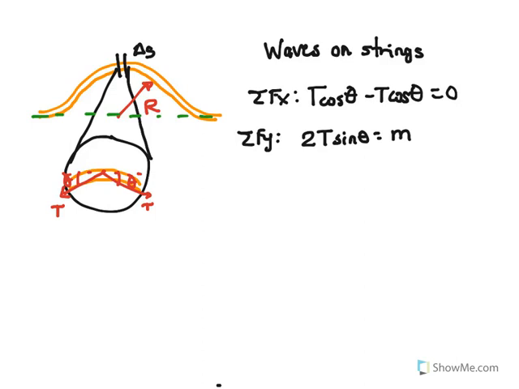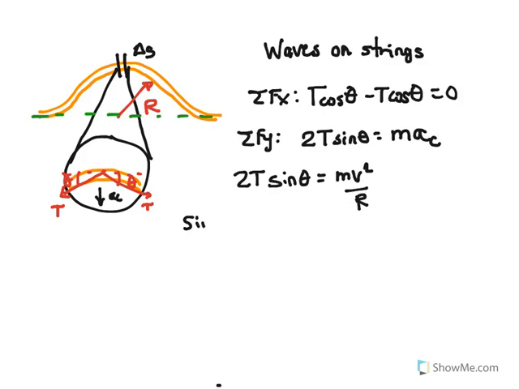Now, in this case, the acceleration is going to be a centripetal acceleration because it's going towards the center of the circular motion. We can actually rewrite this expression as 2 times tension times sine of theta, and this is going to be equal to mass times velocity squared over the radius.